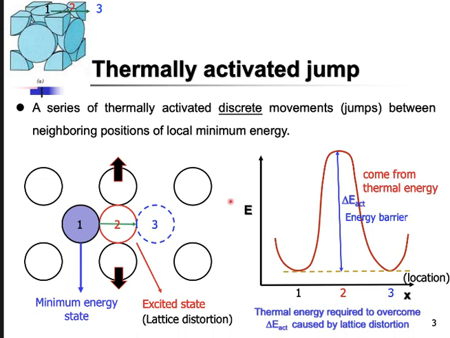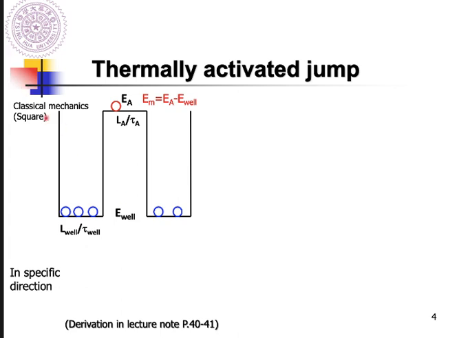Then we try to quantitatively describe the successful jump rate from location 1 to location 3. So we need to do some estimation, and in the beginning we start from classical mechanics.